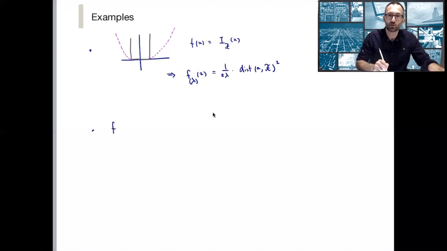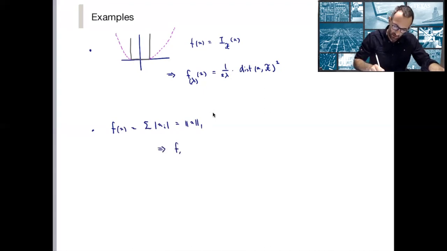Another non-smooth function that we've seen is the L1 norm, the sum of the absolute values of x_i, or just the 1 norm. And in this case, again, I'll leave this calculation for you to check.